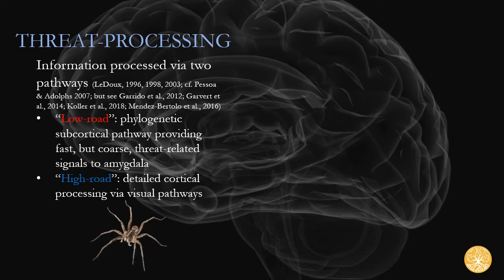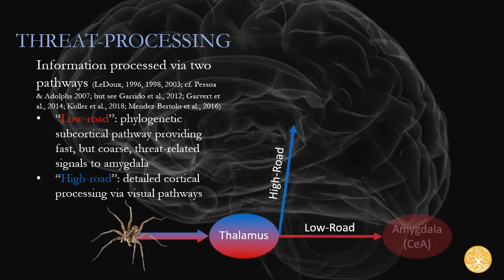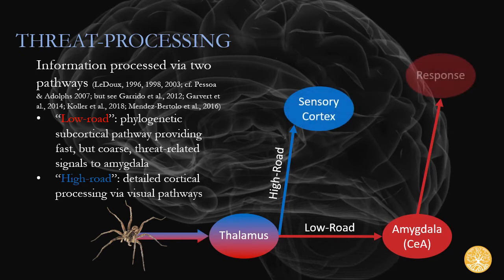Information comes in and is passed to both roads through the thalamus. The low road sends it to the amygdala, which initiates a response before the high road has had a chance to send a more nuanced and contextualized response. And so you get this quick and dirty, gross feature response before you get a more detailed response.